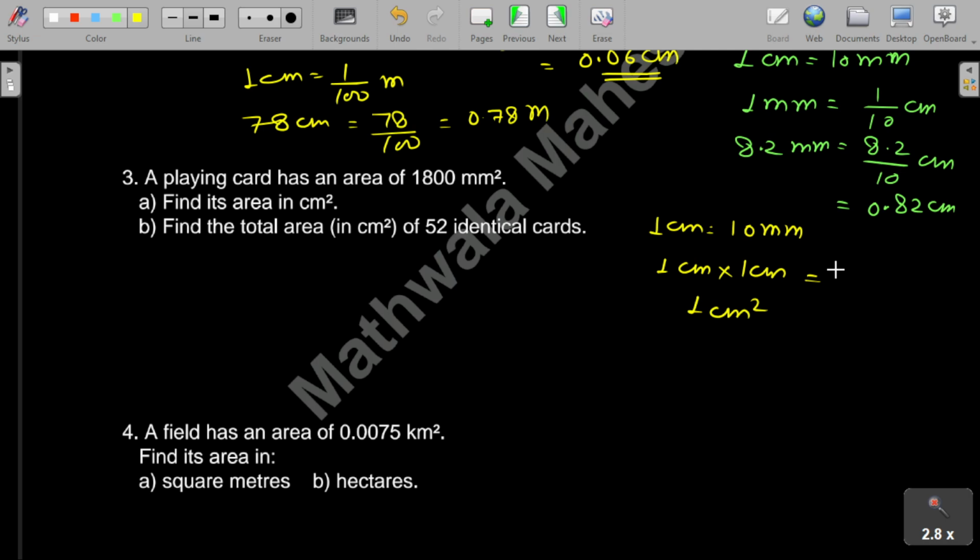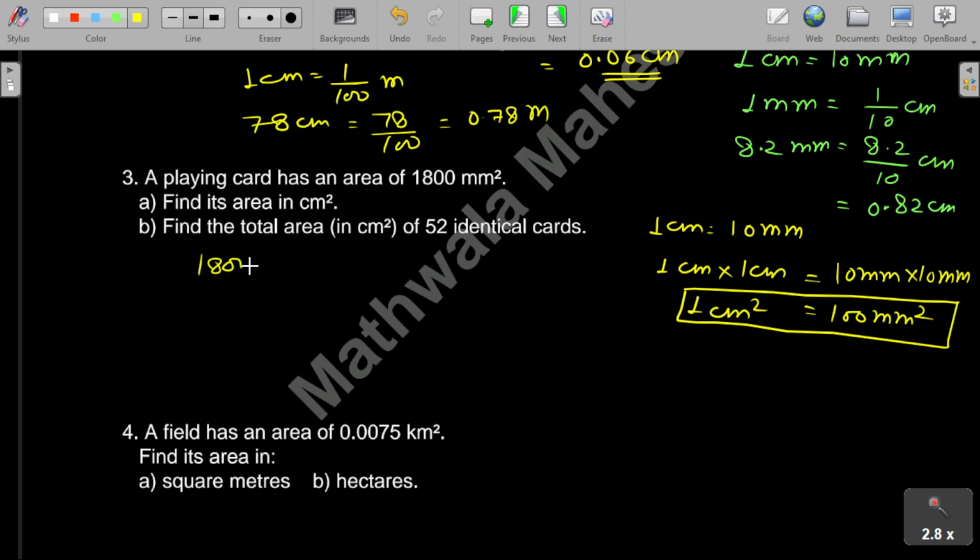So we can change any quantity if we know the basics. So now how we can change 1800 mm square, because 100 mm square equal to 1 centimeter square. So 1 mm square equal to 1 upon 100 centimeter square.